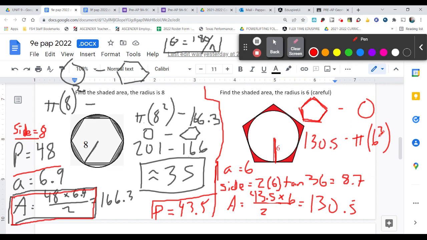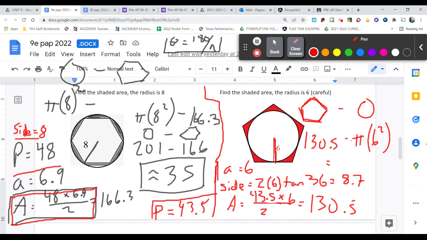All right. So we have 130.5 minus pi times 6 squared. And pi times 6 squared, I think it was like 100 something, wasn't it? Anybody have the final? Okay.